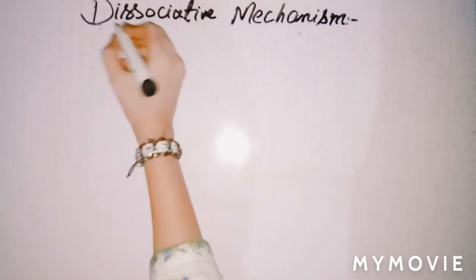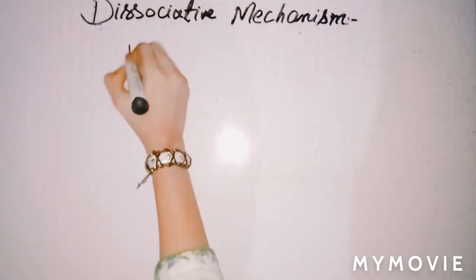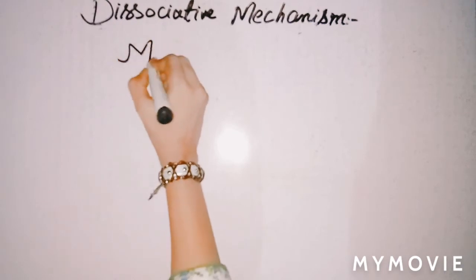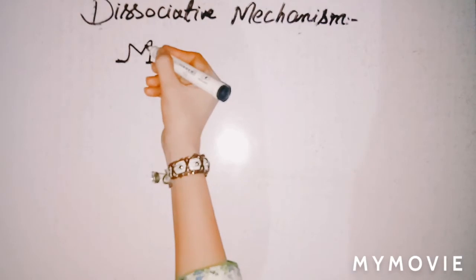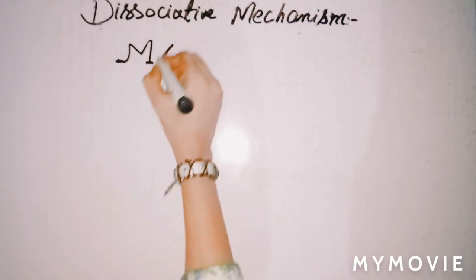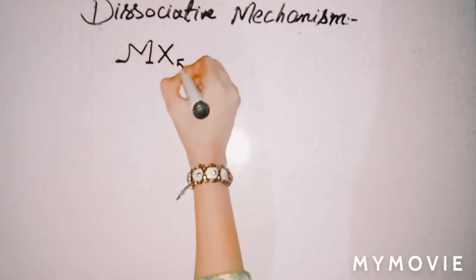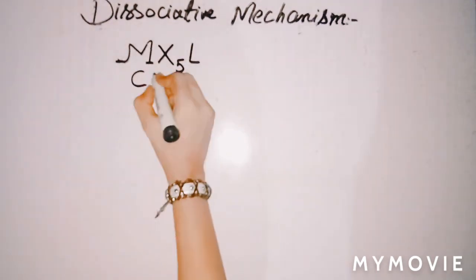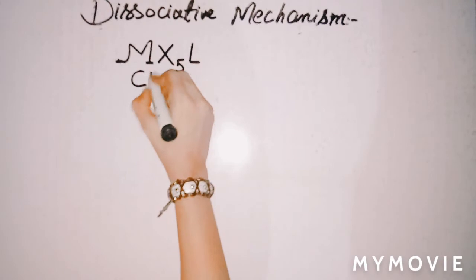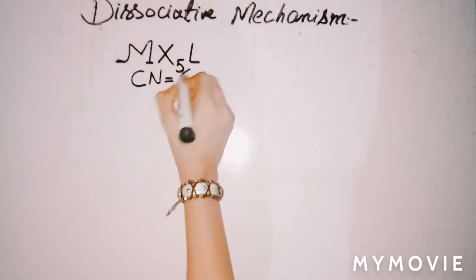The dissociative mechanism steps will be represented as, if we have a complex MX5L, the coordination number of this complex is 6.